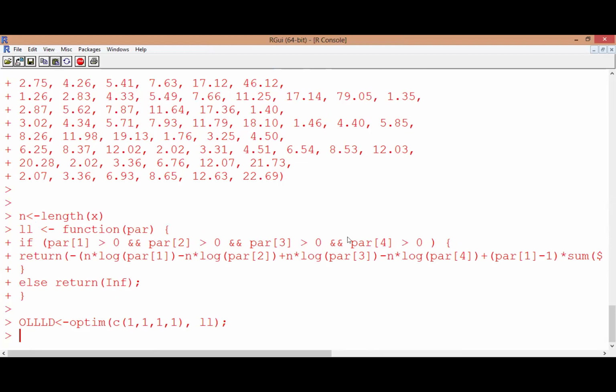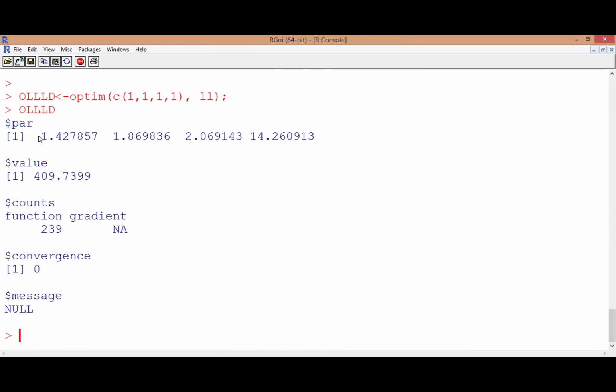If you want to know the estimates of the parameters, we just type OLLD. So this one is the parameter. This is for parameter A, this is for parameter B, this is for parameter C, and this is for parameter D. And then from this R programming, we have the information that our optim converged to the zero number.